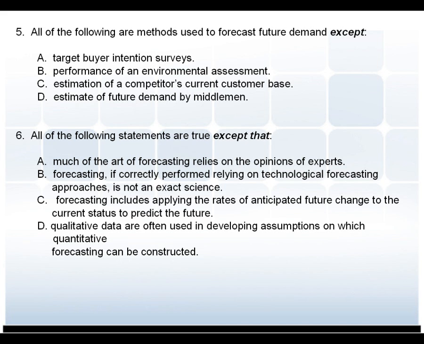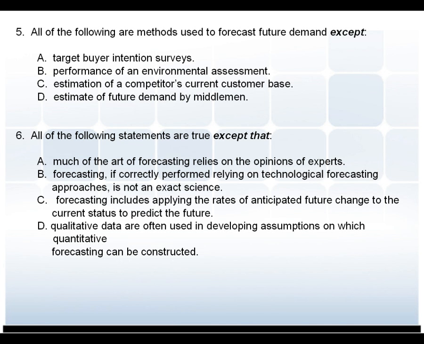By middlemen, that's probably the answer. Target buyers intention survey, performance of an environmental assessment. Yeah, I'd go with D. D sounds too bizarre. It sounds like a drug deal. They're going to get a little worse before they get better. The answer, okay, great.